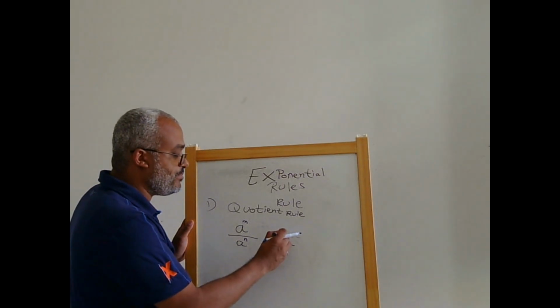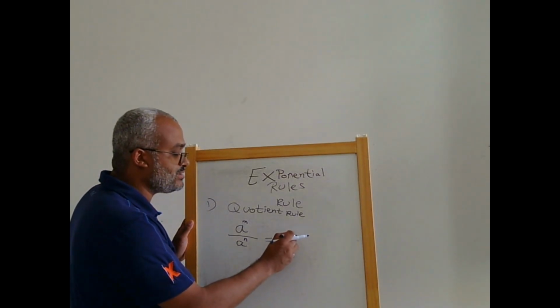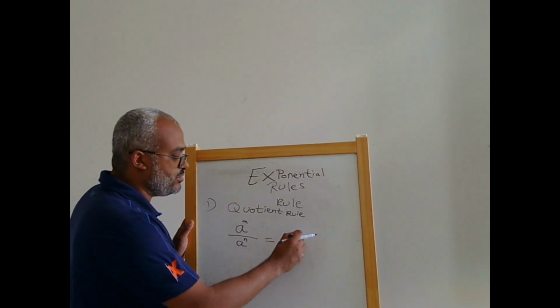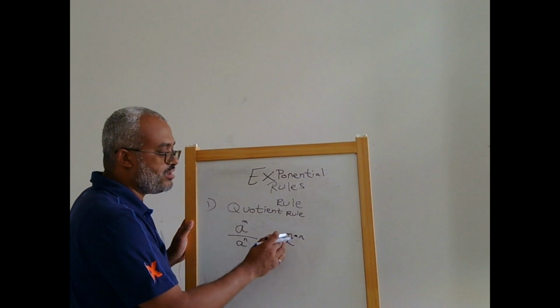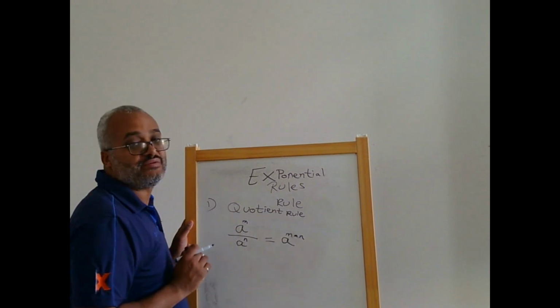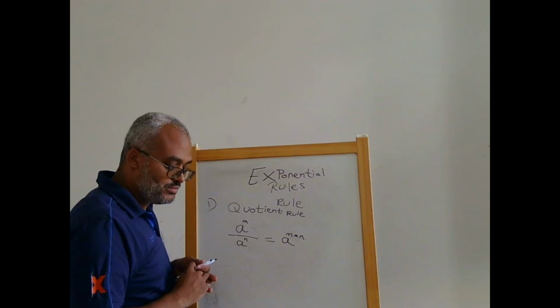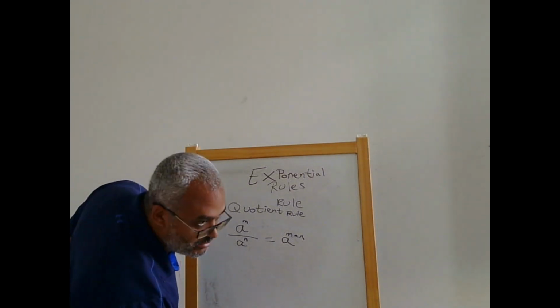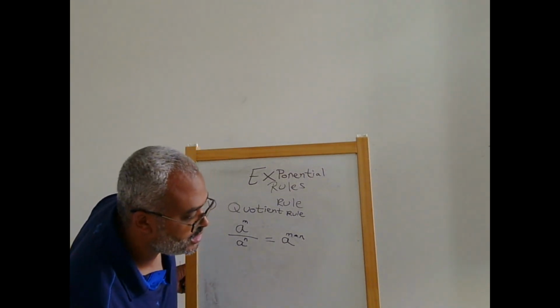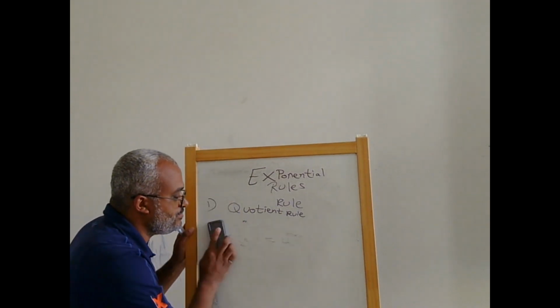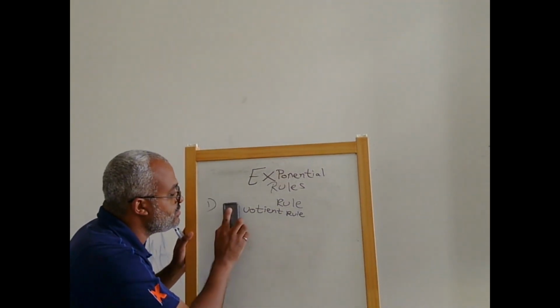So it will be m minus my second power exponent, which is n. So A to the power of m minus n. It's called the quotient rule, which we're going to do lots of examples of. For now, I need you to know the theory of this one.